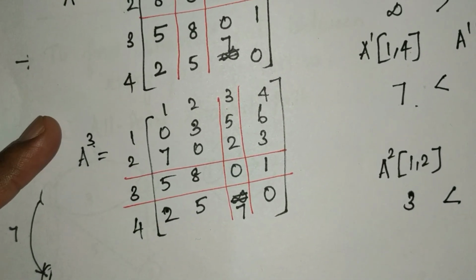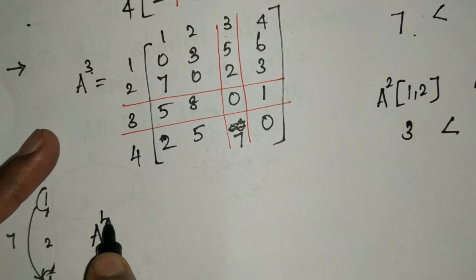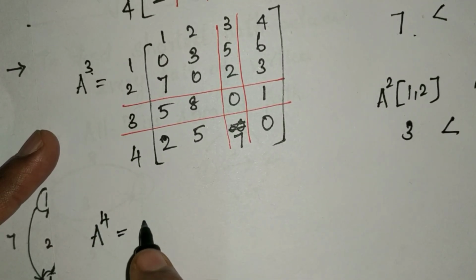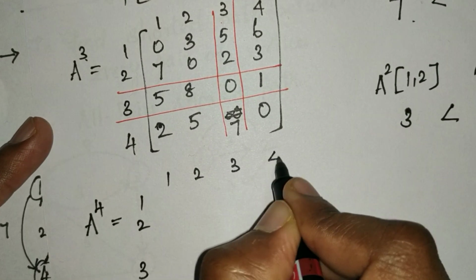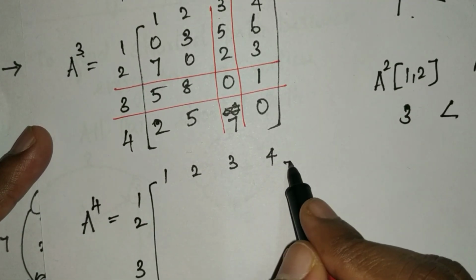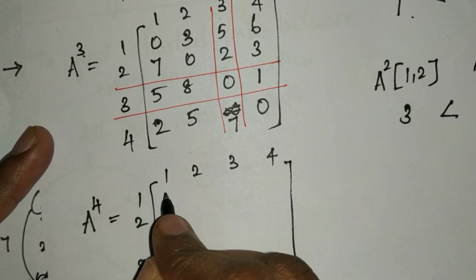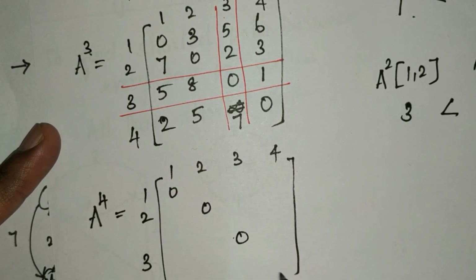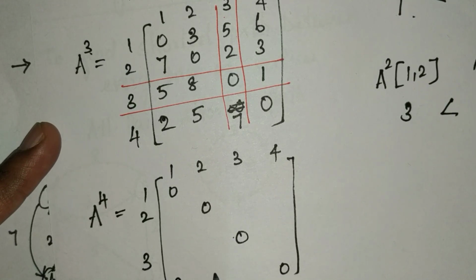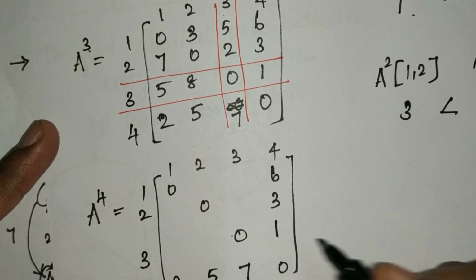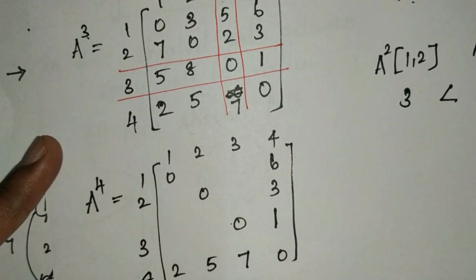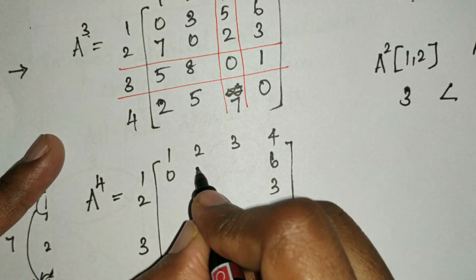And then similarly I am updating the A4 matrix, taking 4 as the intermediate vertex. Here row 4 and column 4 have to be taken as they are, and the remaining values are updated.